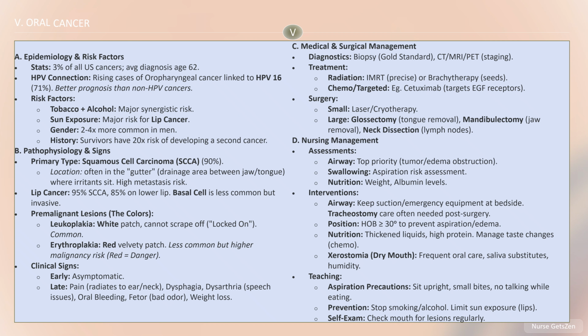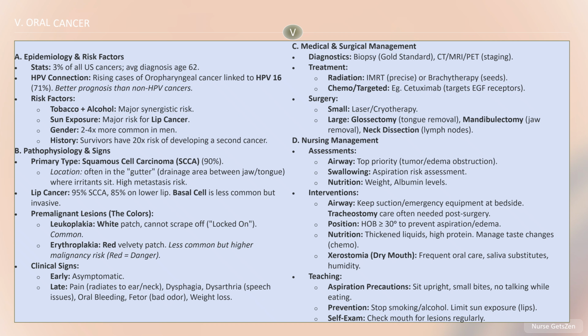This location is significant because it is a drainage area where the irritants collect, and the tumors in the region have a higher propensity for metastasis.